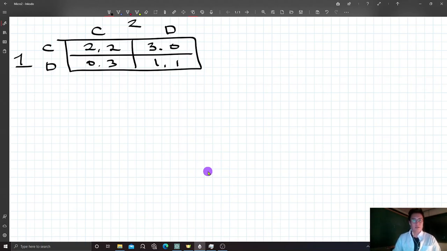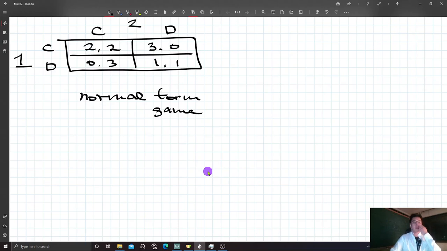So this is a very standard example of a prisoner's dilemma. That is called the normal form game. Okay. So in the normal form game, we have to specify how many players and how many actions each player can choose, and what is the payoff to each profile of strategies.